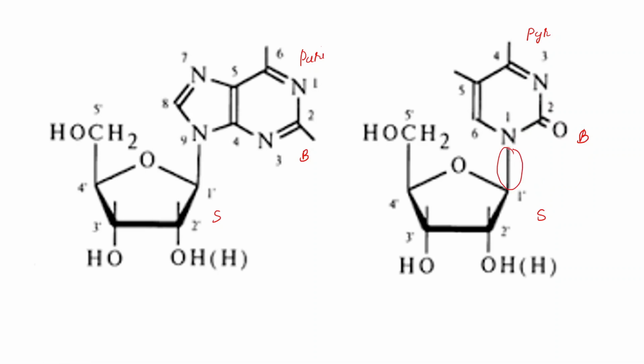This is the bond, the glycosidic bond with the sugar, the first carbon of the sugar. And if that base is a purine, the ninth nitrogen is forming the glycosidic bond with the first carbon of the sugar. So that's it.